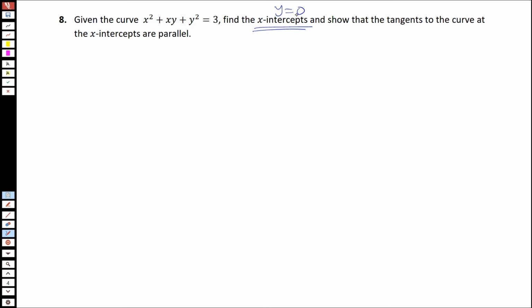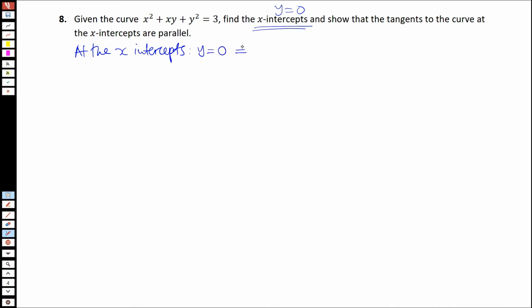So we plan to use that idea to find the corresponding x-intercepts in this curve. So, like I've just said, at the x-intercepts, we know that y is equal to 0.